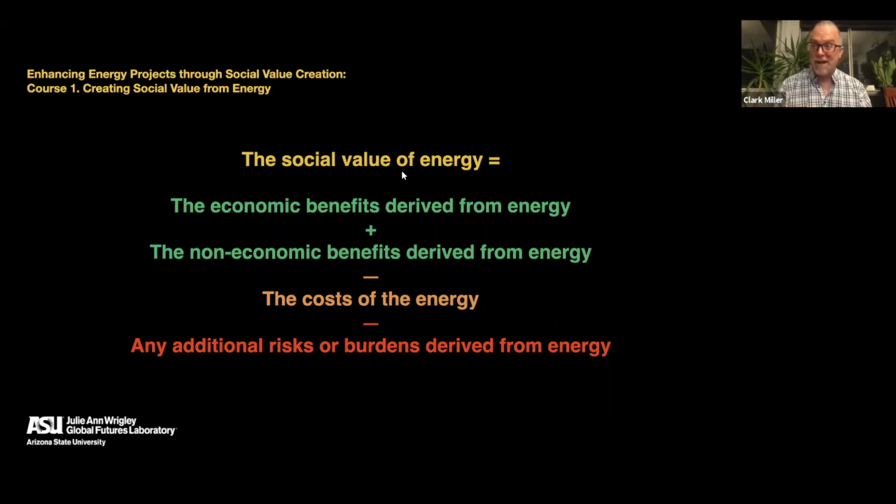Then we subtract the costs that are imposed through the energy, whether that's the cost of the energy itself or other costs that are entailed in using that energy to create the benefits that people are trying to achieve. And then you also subtract any additional risks or burdens that derive from the energy system and the use of energy from the energy system.